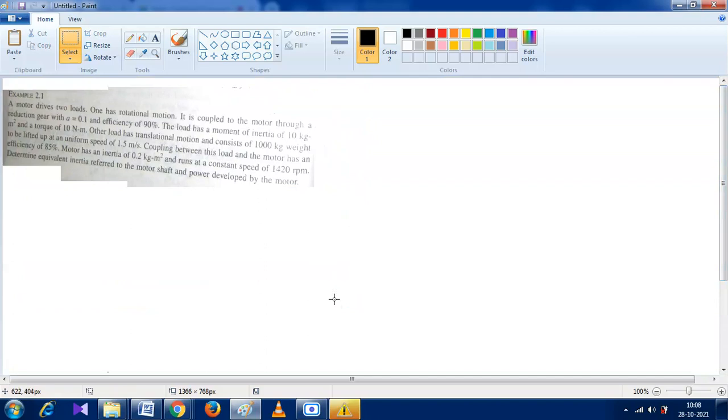First, write down which quantities are given in the problem. First, tell me the value of J0. Deepak, what is the name of J0?